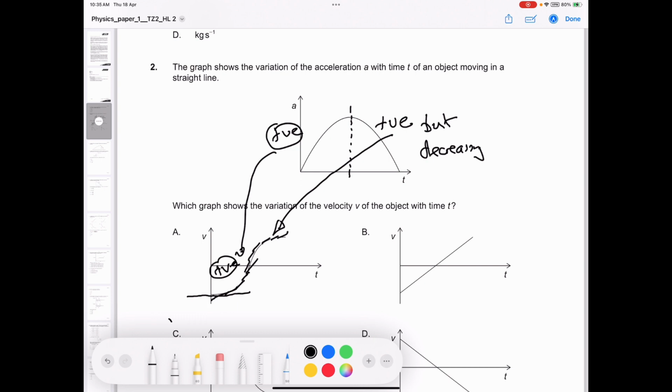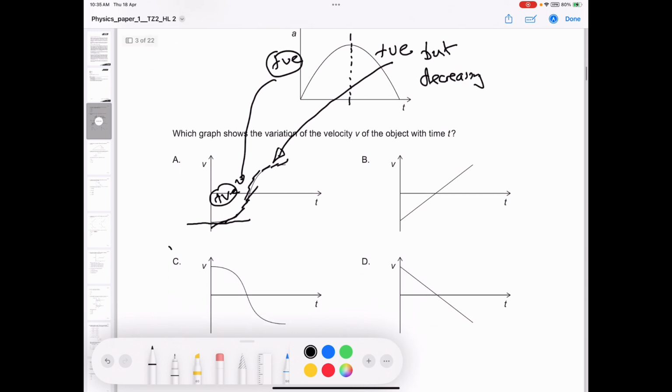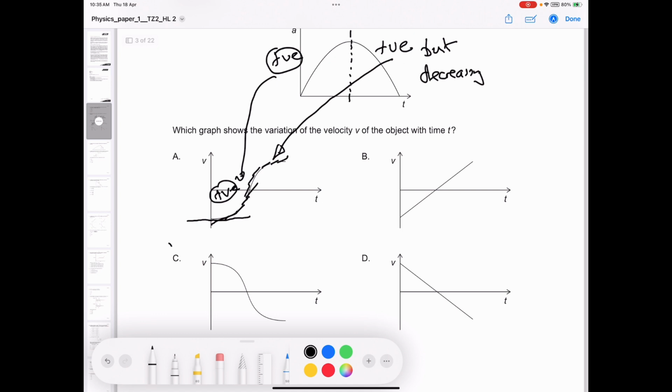We can eliminate B and D because they are diagonal lines and they don't correspond to the curved lines here, because their gradient is a horizontal line. The gradient should look like this for acceleration, or like this on this graph, so we eliminate these two.